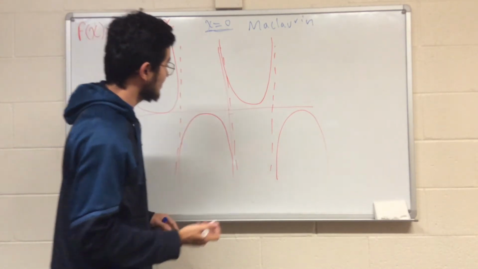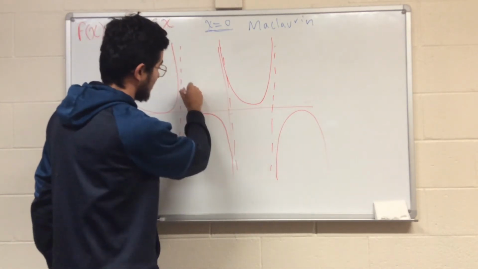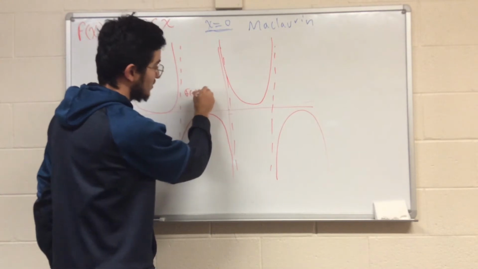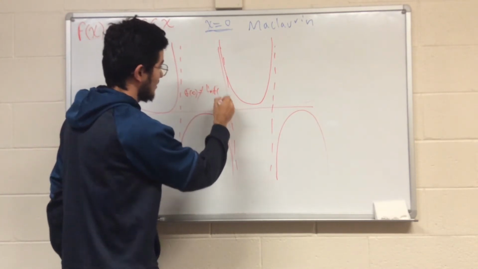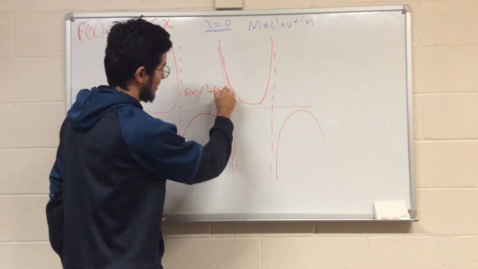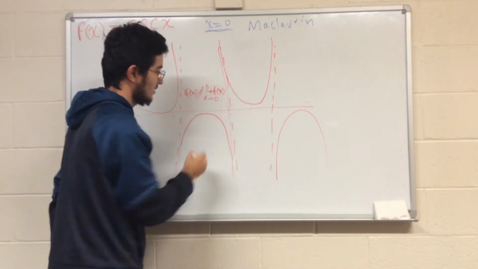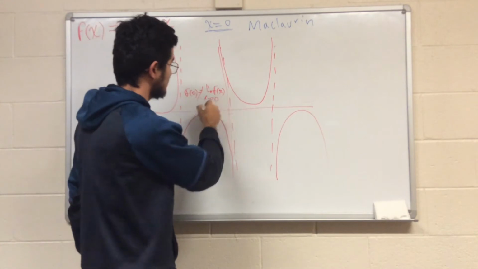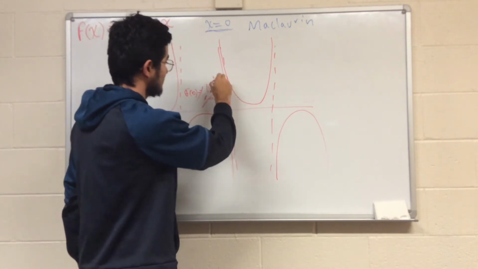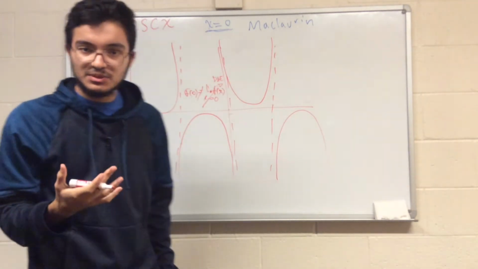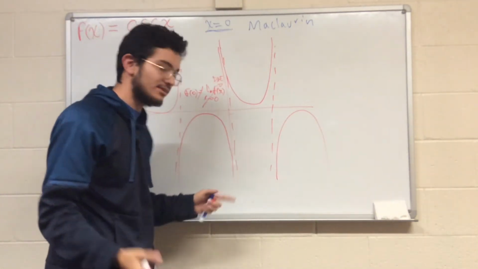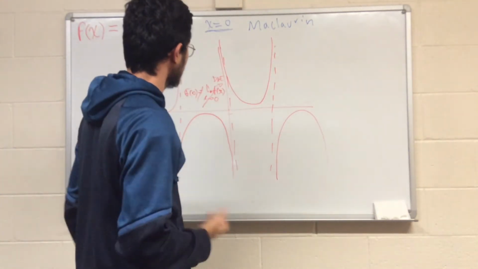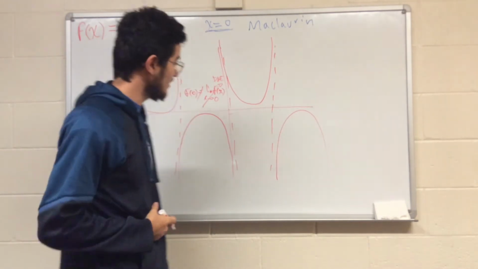And that is because the value of the function at 0, f of 0, is not equal to the limit of f of x as x approaches 0 from either right or left, because this limit does not exist. So if the limit of the function is not equal to the value of the function, because the value of the function is undefined, then it's not continuous, it's not differentiable.